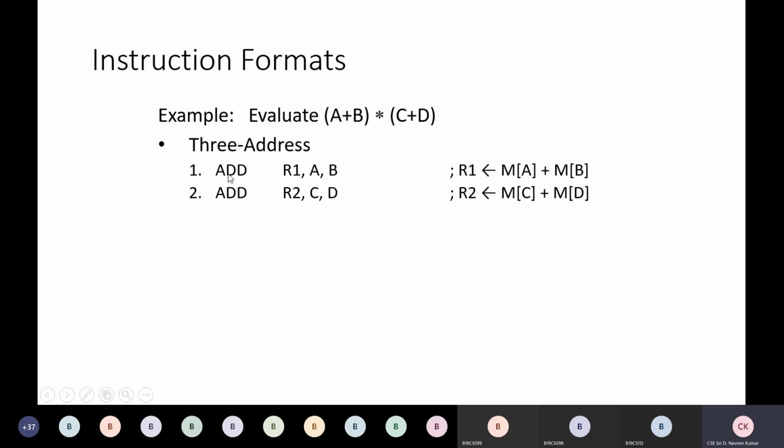Actually, instead of add, we have a very short mnemonic like AD in assembly level language, but for our understanding we had kept add. So there will be very short mnemonics in assembly level language. For our comfort, we kept meaningful words like add.